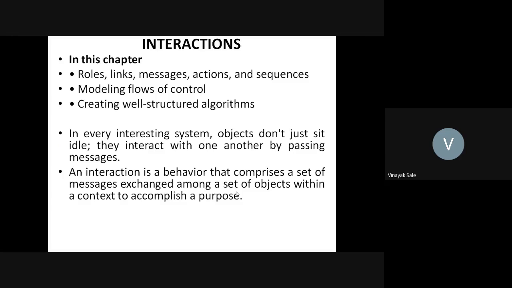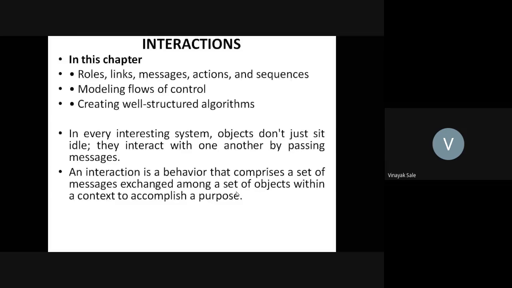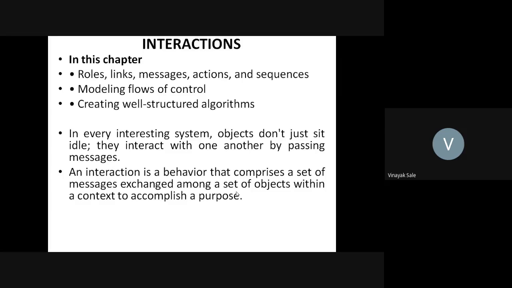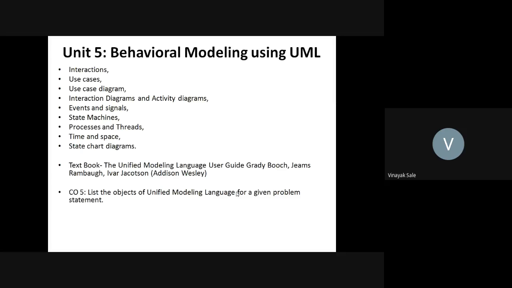Before starting the UML chapter, UML modeling, there are some users, use cases, interactions, activities. So we will study use case diagram, interaction diagram, activity diagrams, events, signals. These are the whole chapters.